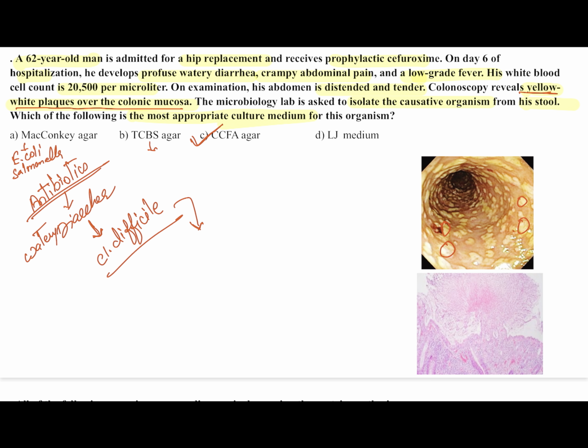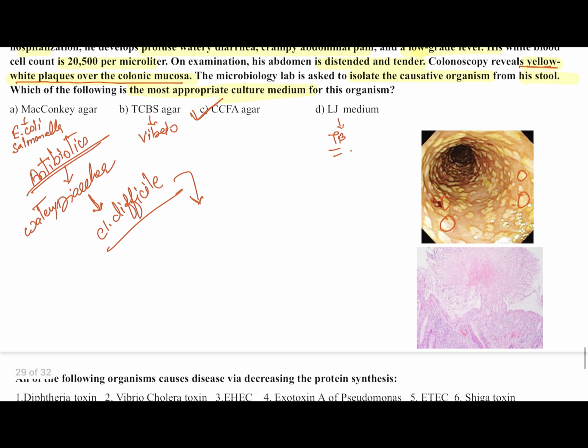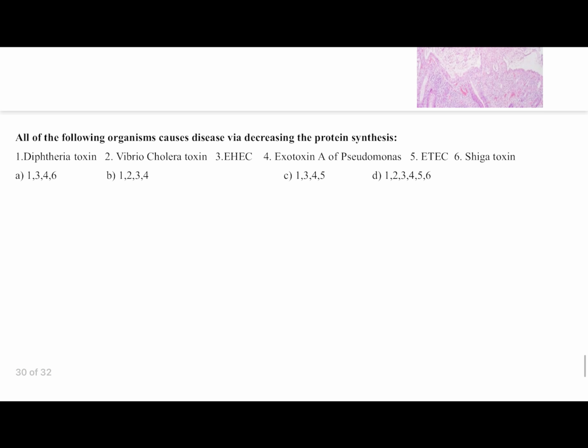TCBS means thiosulfate citrate bile salt sucrose agar, because it is specific for Vibrio cholerae. Why not Lowenstein-Jensen media or LJ media? It is for TB. So the correct answer is CCFA, because it contains antibiotics and this bacteria is resistant to antibiotics, so it will grow. So this is the correct answer.